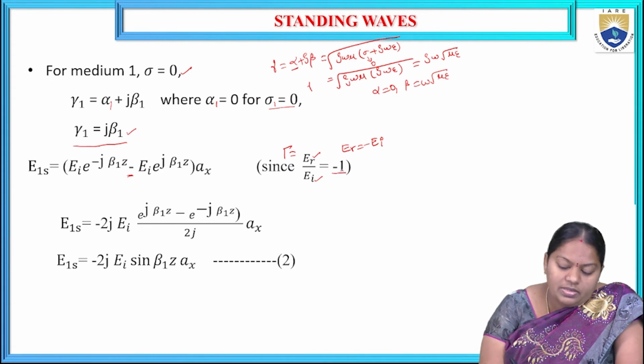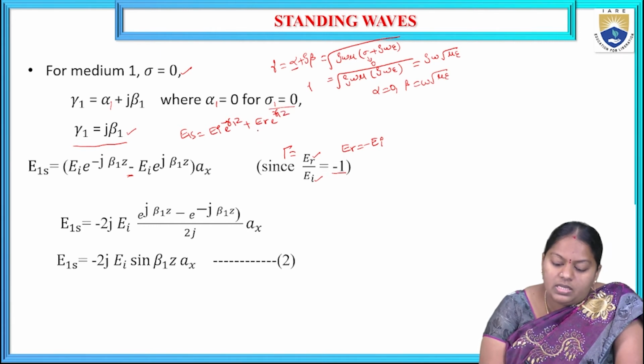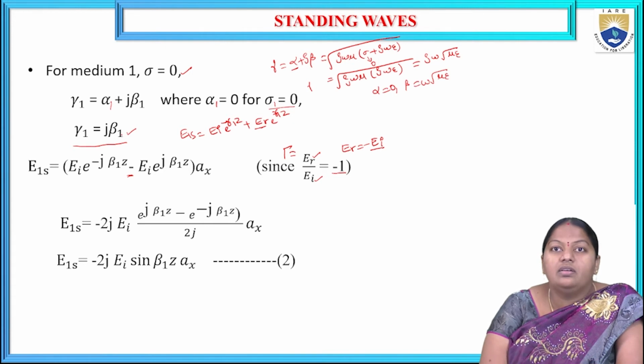Now, from the previous equation, what is the previous equation? We have written E1s is equal to E_I e^(-γ1 z) plus E_R e^(γ1 z). Now we are replacing E_R by minus E_I and γ1 z by jβ1 z.